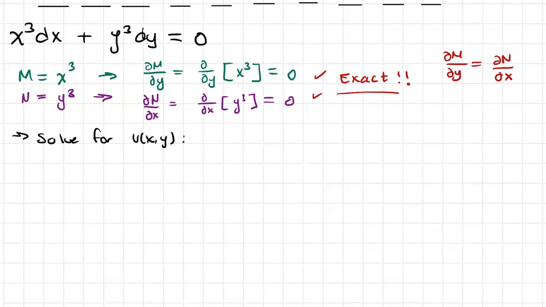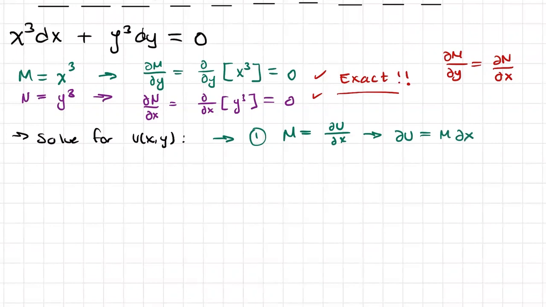And to do that, we're going to be using formula number 1 that we have seen before, that states that M is equal to partial u partial x. So if we rearrange here, we're going to solve for u. So partial u is equal to M partial x.